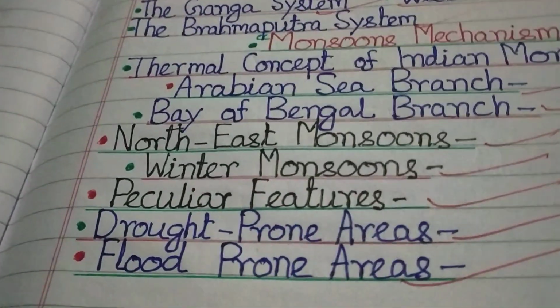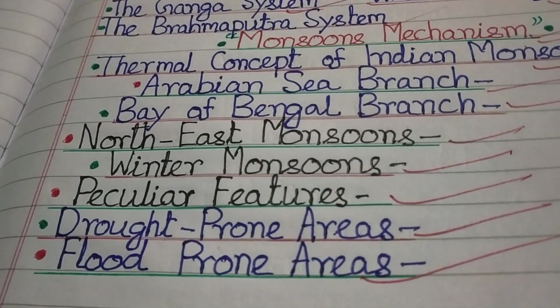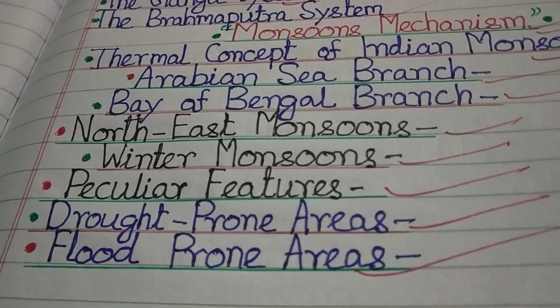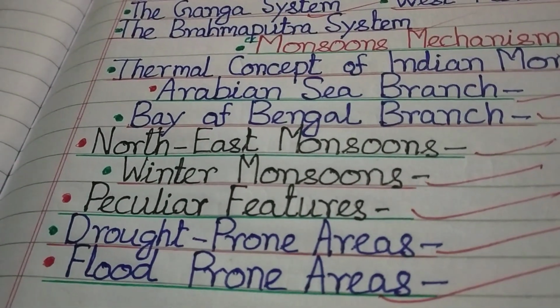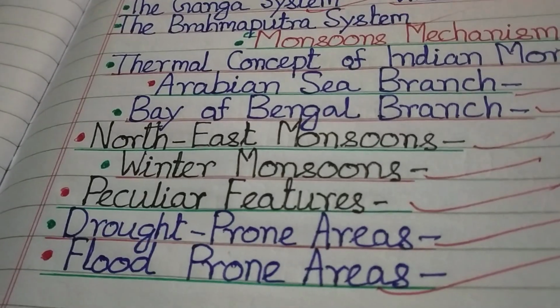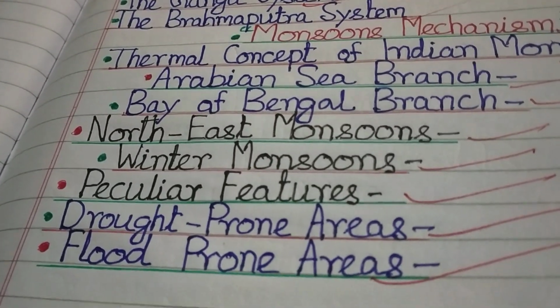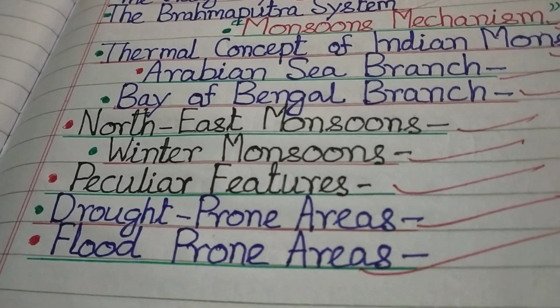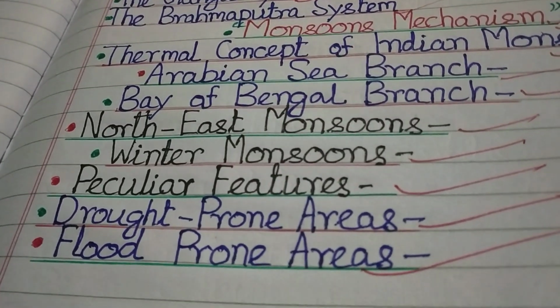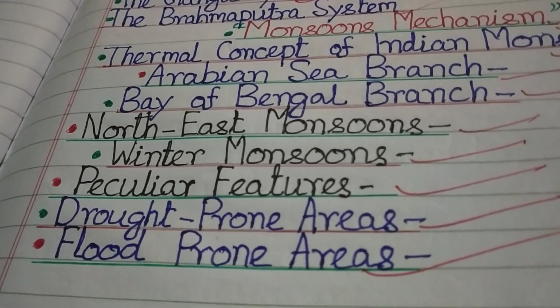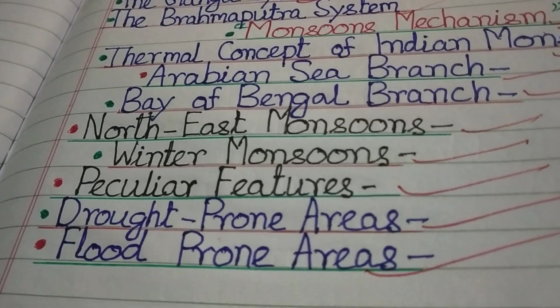So, now we'll go to the second branch, that is the Bay of Bengal branch. This branch is active in the region from Sri Lanka to Sumatra island of the Indonesian archipelago, like the Western Ghats of India in case of the Arabian Sea branch.